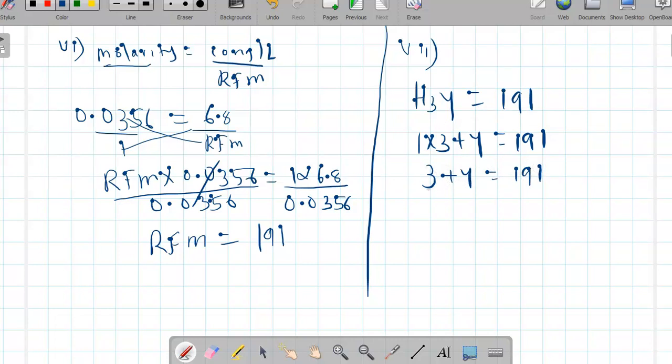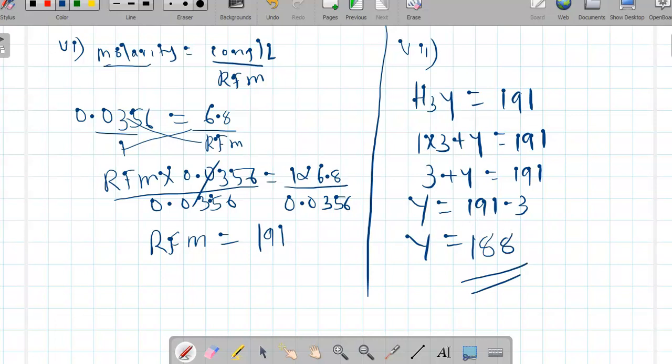Then you transfer 3 to the other side. Therefore, Y is equal to 191 minus 3, you'll get 188. So that is how you get the value of Y.